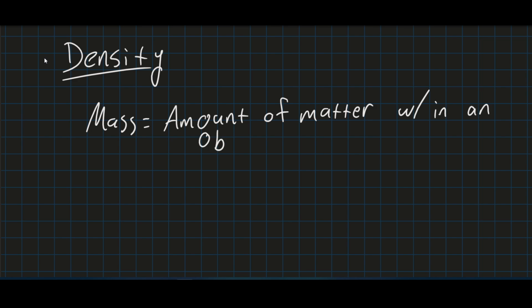And it's a little bit different than weight, because weight is how an object's mass is affected by gravity. And volume is the amount of space something takes up.